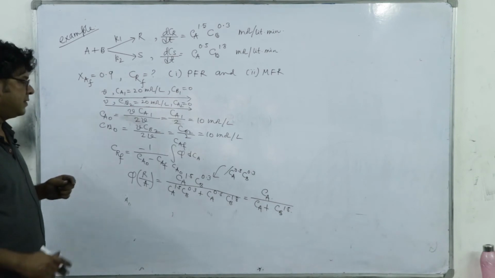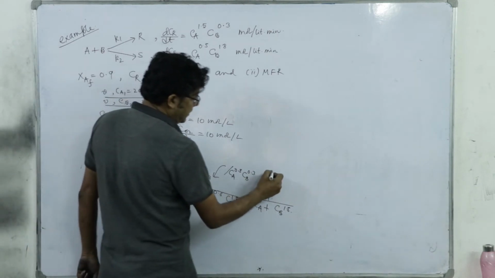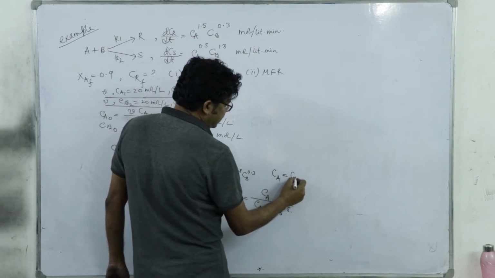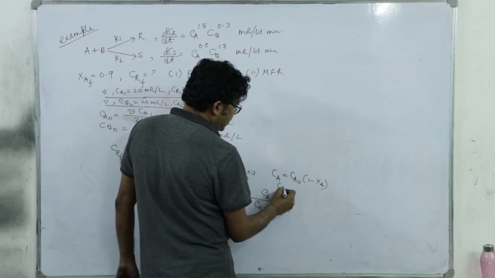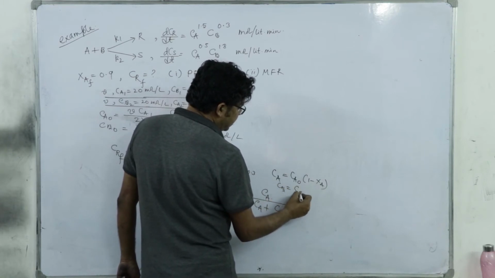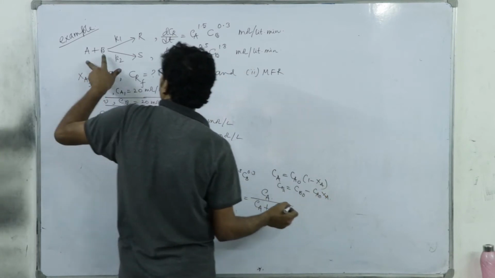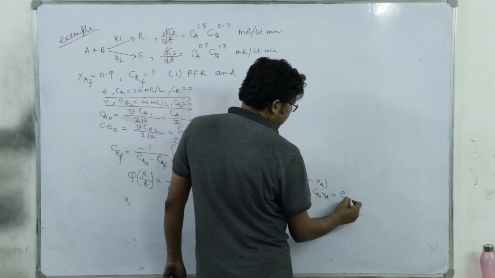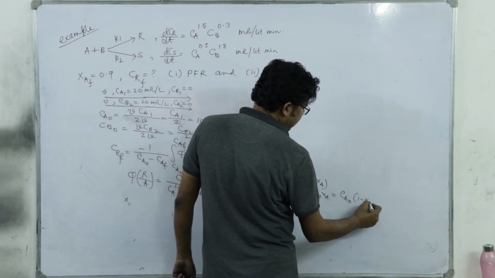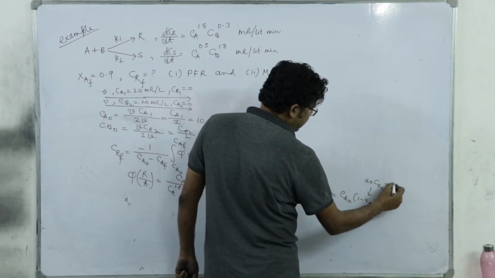Now there is an understanding of what Ca is. Ca is equal to Ca0 into 1 minus Xa. What is Cb then? Cb0 minus Ca0 into Xa, because 1 mole reacts with 1 mole. So Ca0 into 1 minus Xa, as Cb0 is equal to Ca0.